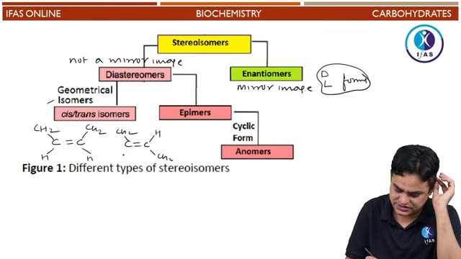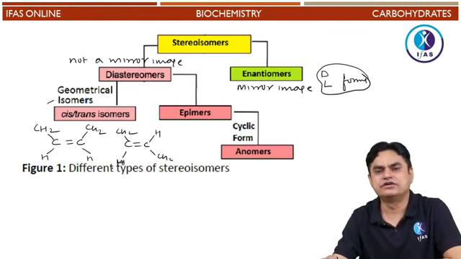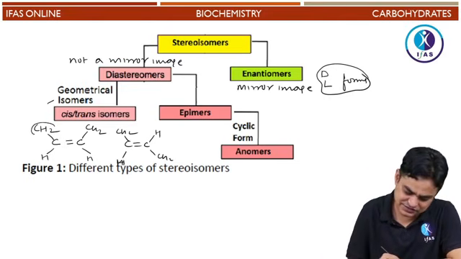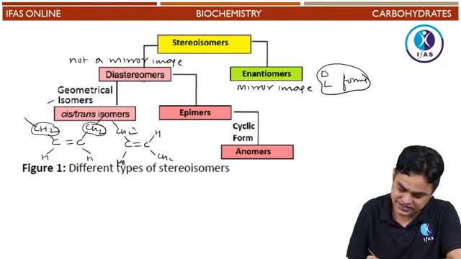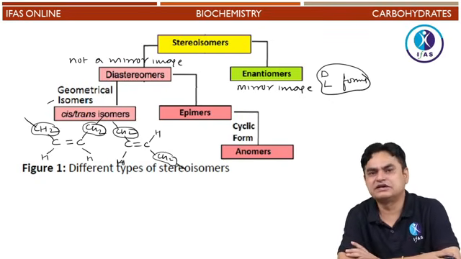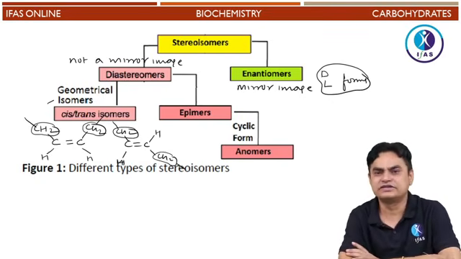Such diastereoisomers are referred to as geometrical isomers. In one case the CH2 groups are on the same side; in the other, they are on opposite sides. These are cis-trans isomers, but they will not be seen in carbohydrates.